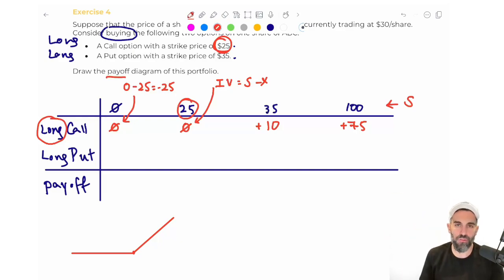Okay, then your put. For puts, the pattern is the opposite. It starts in the money and decreases until you hit your strike price, and then it's 0. So at 0, because the strike price is 35, you're basically $35 below the strike price. So that's what you put there. Here, you're $10 below. And then once you get there, you are out of the money.